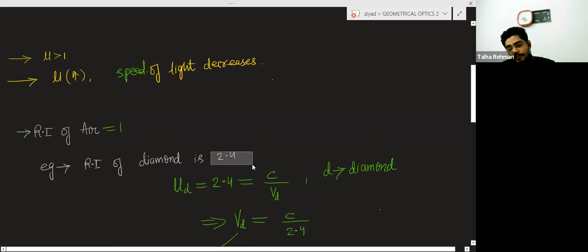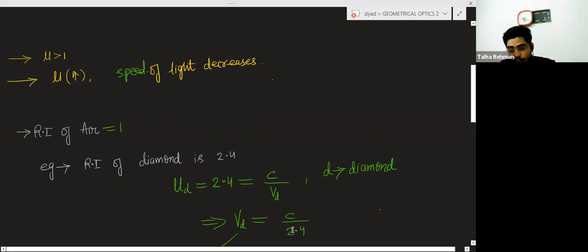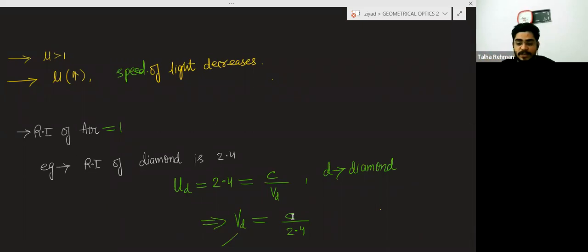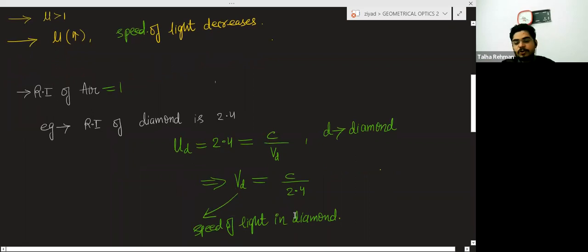So this 2.4 refractive index of diamond signifies that the speed of light in diamond is 1 upon 2.4 times the speed of light in air, meaning the speed of light in diamond is less than the speed of light in air. Vd is the speed of light in diamond.